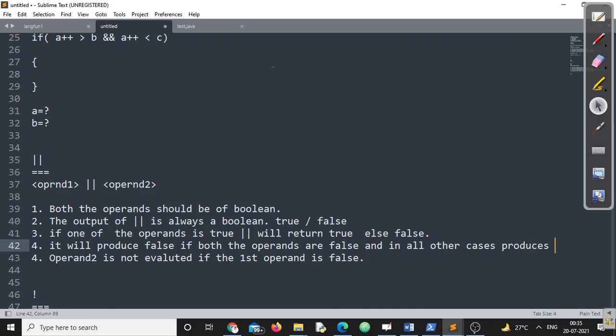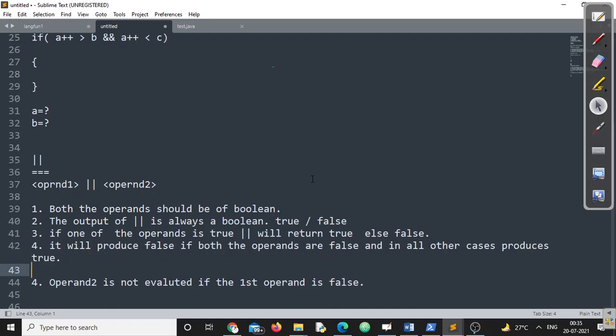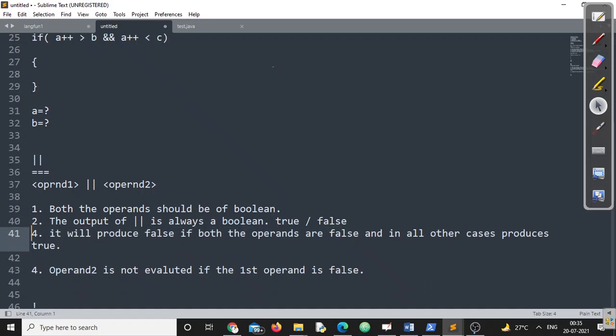You can ignore the other statement, because putting it is asking for trouble. So it will produce false if both the operands are false, and in all other cases it produces true, right?